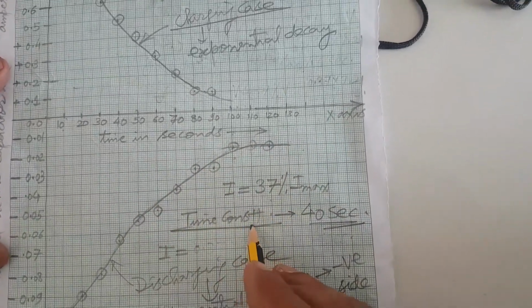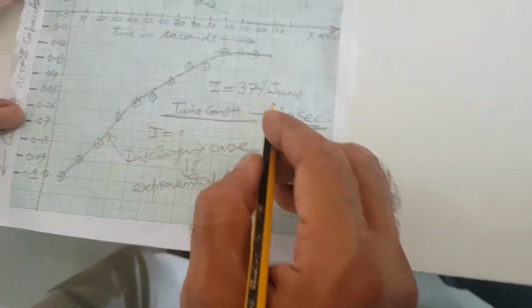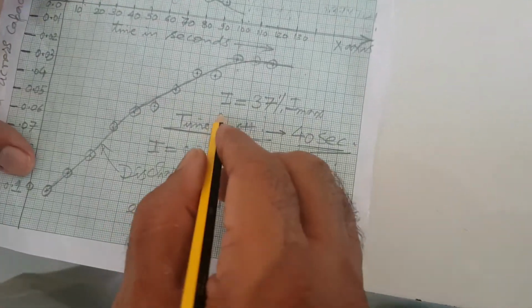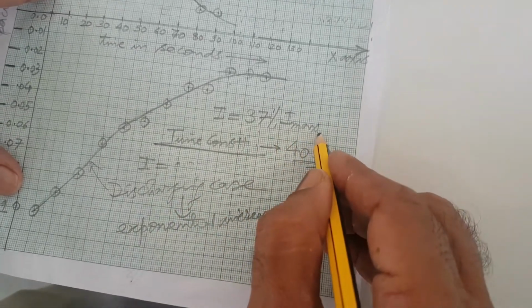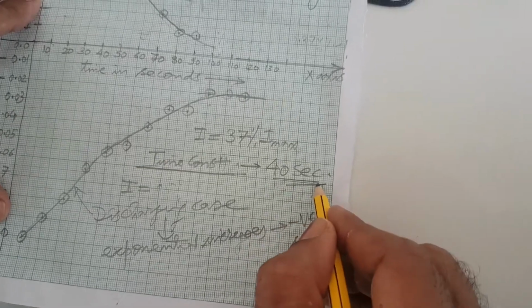We have calculated the time constant from this current versus time plot. It is 37% of the maximum current, and it is calculated as 40 seconds.